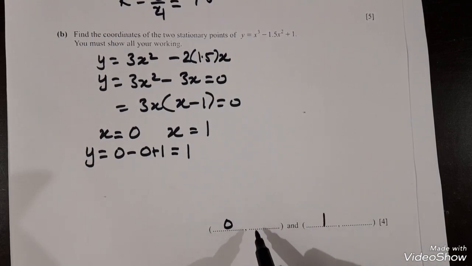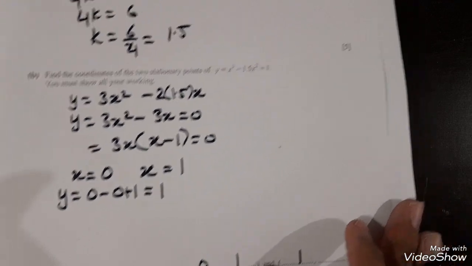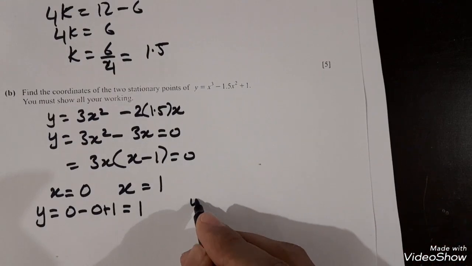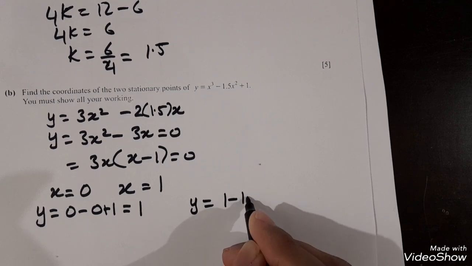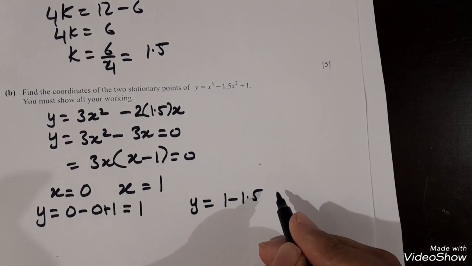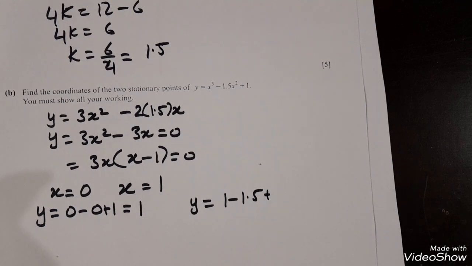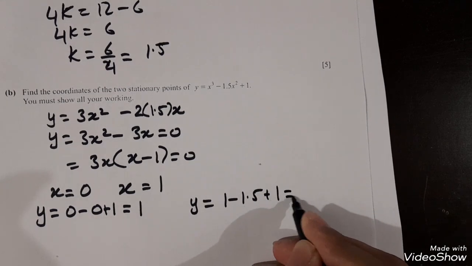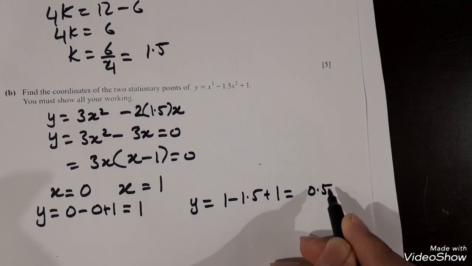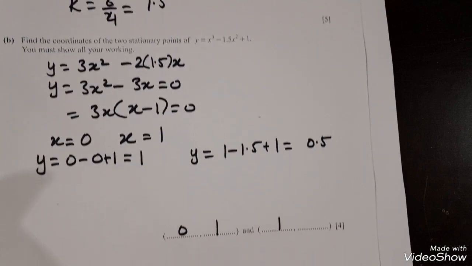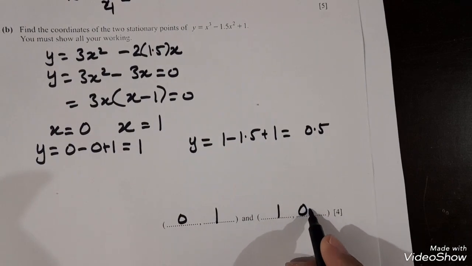So we will write over here 1, and then for the next we will write y is equal to 1 minus 1.5 plus 0 plus 1, which will be 0.5. So we will write over here 0.5.